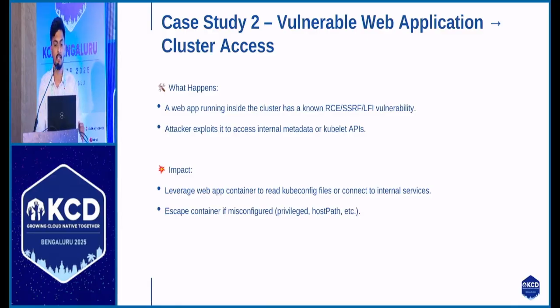Another case study: vulnerable web applications. A developer builds an application and won't be aware of what vulnerabilities are in his code. Without checking security practices, they just implement the code in production. So if you get RCE, server-side request forgery or LFI vulnerabilities, consider you got LFI.